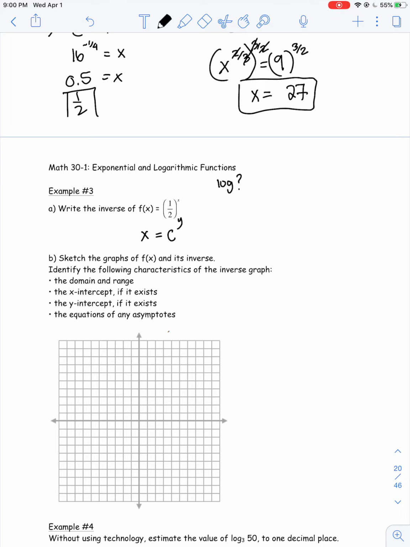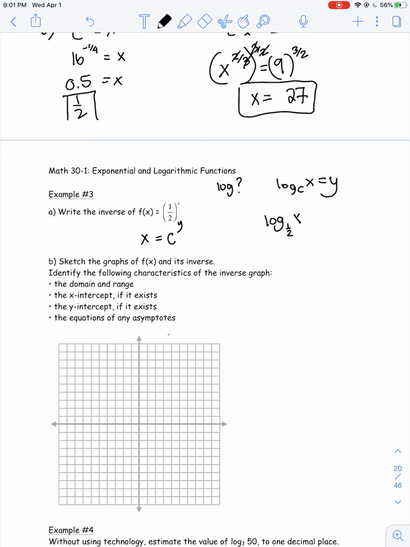So when we're rewriting this, we're going to have to make sure we write log base c of x equals y. So log base, our base in this case, guys, is 1/2. Our x value is our answer, which is f of x, so we are going to leave it as x.